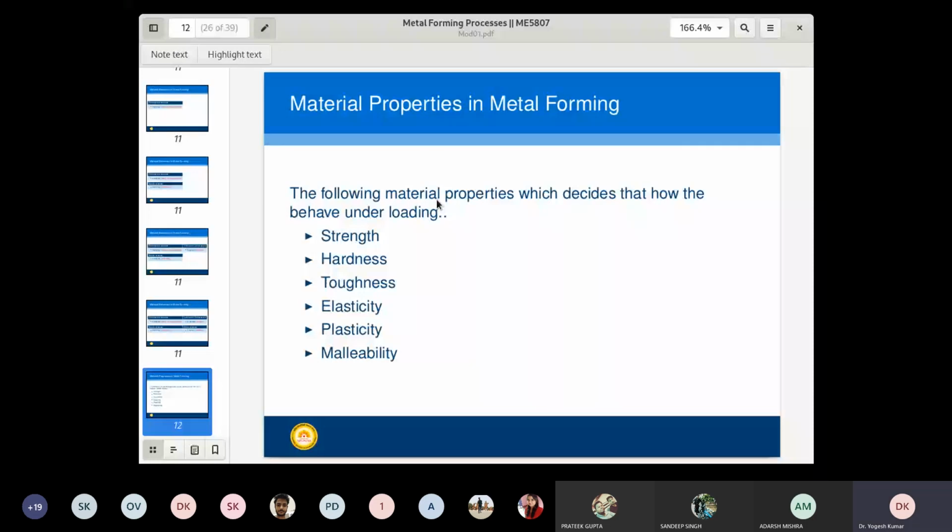There are a number of properties that we must understand to know the behavior of materials in metal forming processes. These properties are strength, hardness, toughness, plasticity, and malleability. We will discuss these properties.